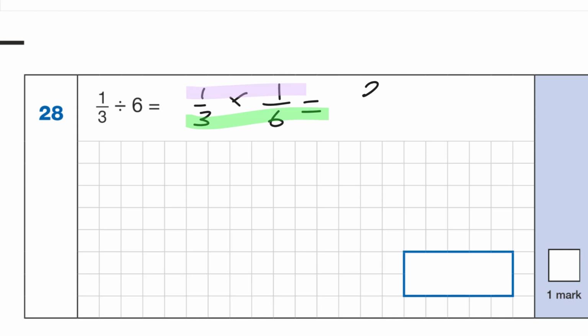So 1 times 1 is 1, and 3 times 6 is 18. It's as simple as that. My answer is 1/18. So it's just remembering when you're dividing to take your divisor and make that the denominator. We call this inverting it.